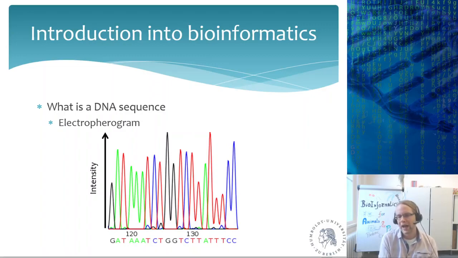Of course, we already had whole genome sequencing, but when I started off and I sent something in for sequencing, this is more or less what I got back. I got back a profile where on one axis you have the intensity of a certain color, and on the other axis you have the genome sequence.